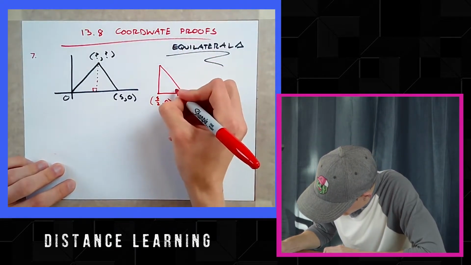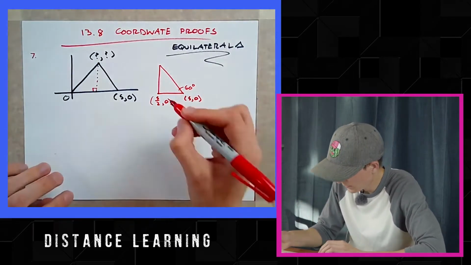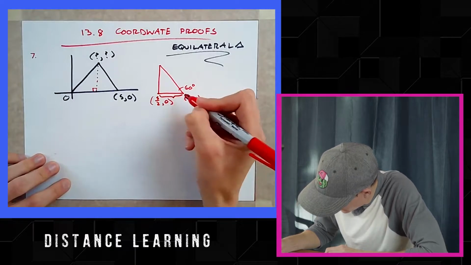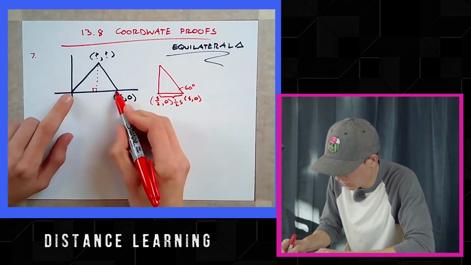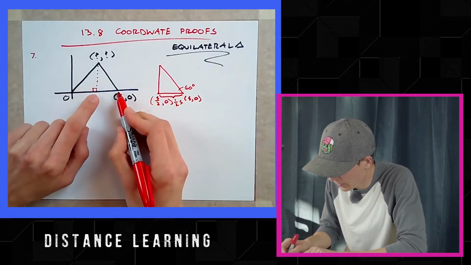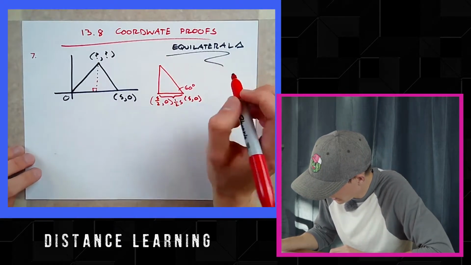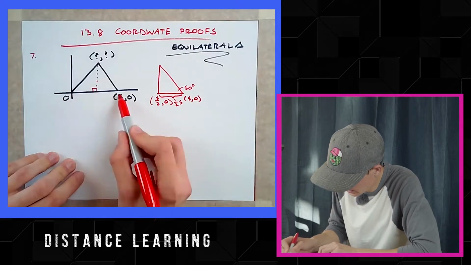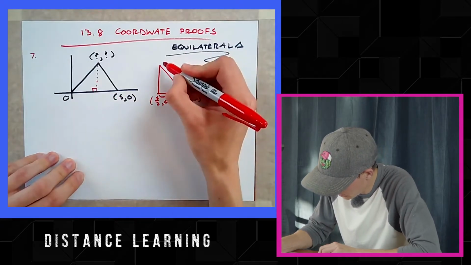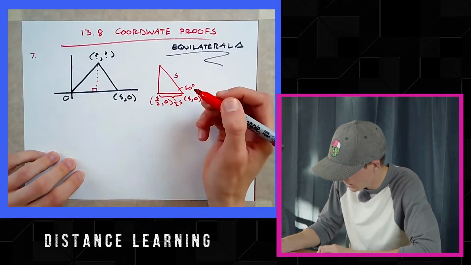We know that this angle here, it's equilateral, so that is 60 degrees. So this whole distance there is 1/2 S, right? If this whole thing here is S, from here to here, that's 1/2 S in distance. And so if this whole thing is S, equilateral triangle, this whole side here has to be S. So we have 1/2 S, S, right?